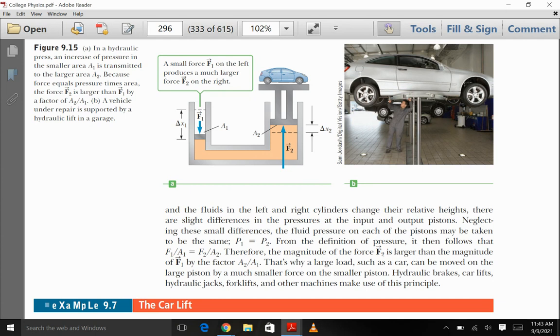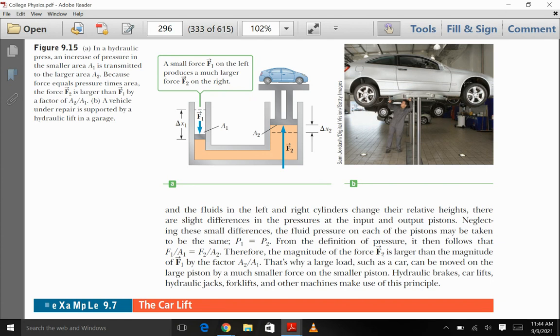But the take home point is, what Pascal's principle is saying is that this small force, the force that was exerted here, has to be transmitted throughout this system. And when it comes here, because now the area has increased, the volume has increased, but it still has to be transmitted to every point and diminished. And so because it's being transmitted, and then the surface area increases, the force is going to be increased.